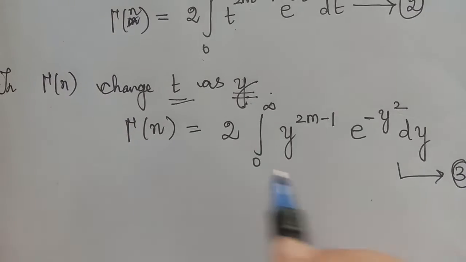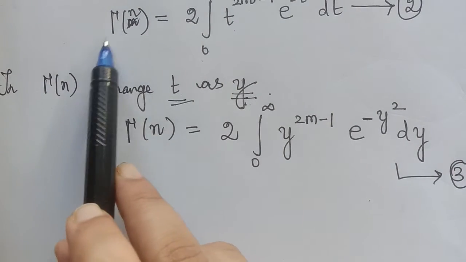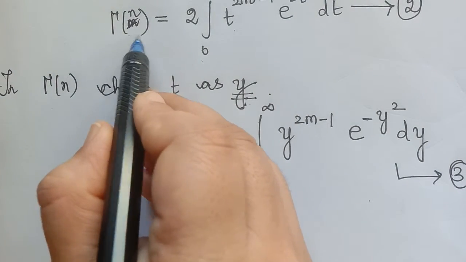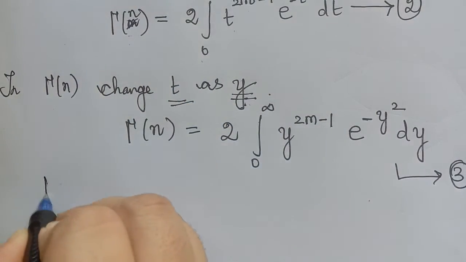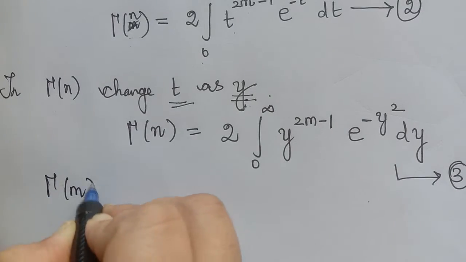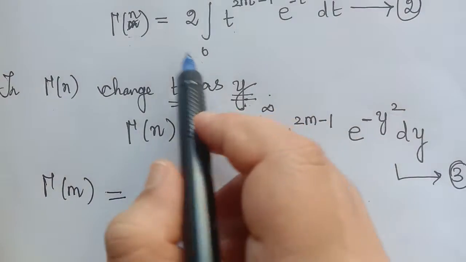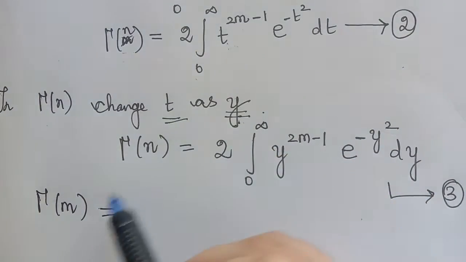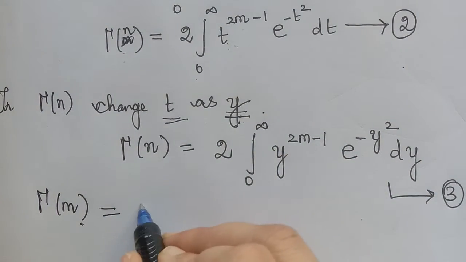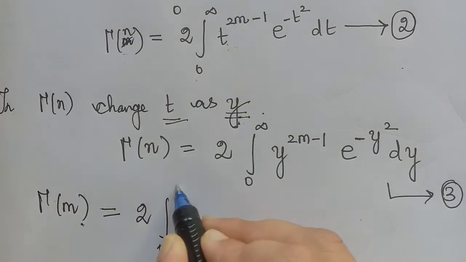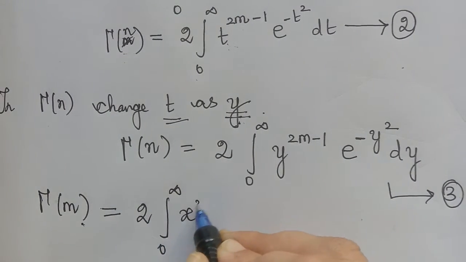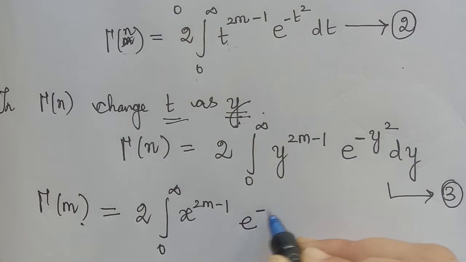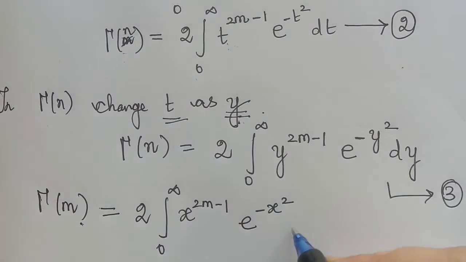Also, in order to obtain another parameter, for example, we want to get another parameter m. So gamma of m will be equal to, in this equation 2, we will change t as x in order to get another parameter. So it will become twice integral 0 to infinity x to the power 2m minus 1 and e to the power minus x square and dx.